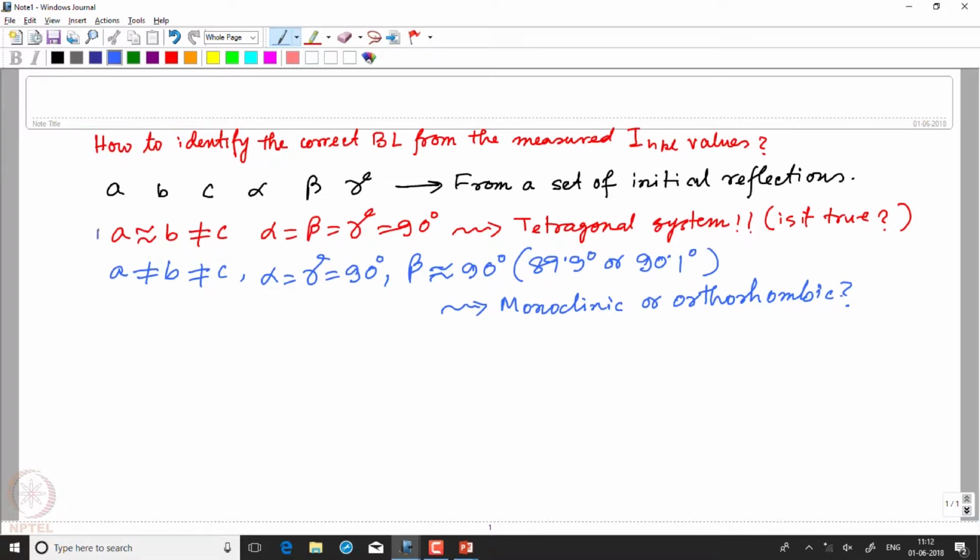So once the data is collected, these parameters are redetermined.